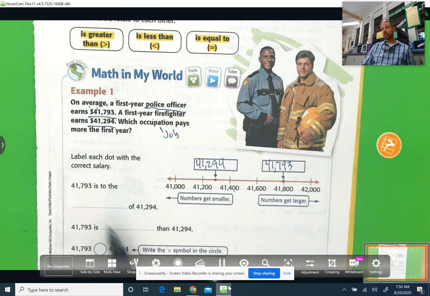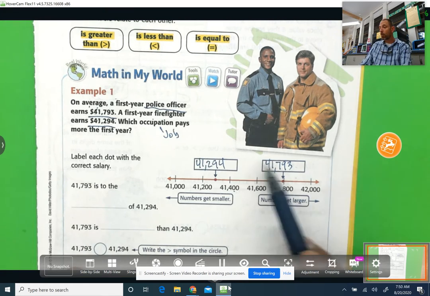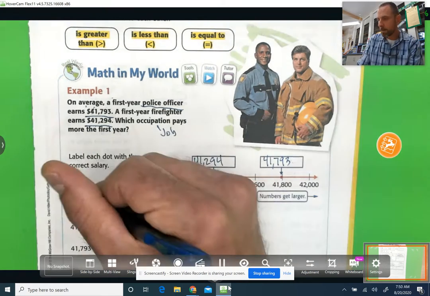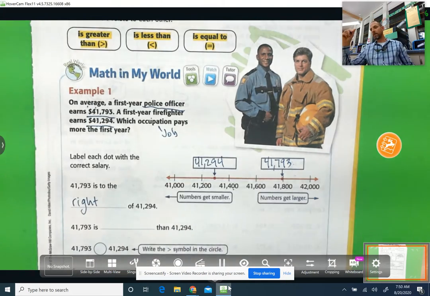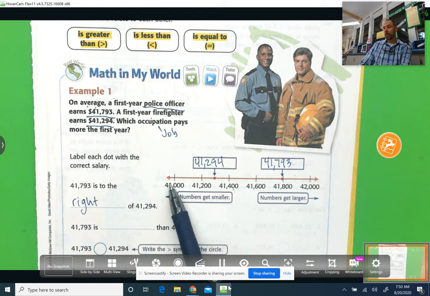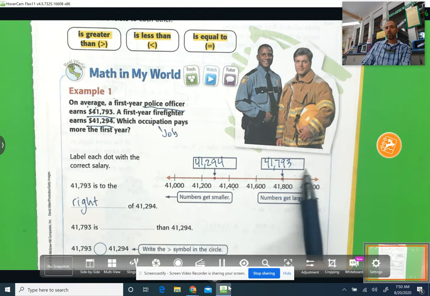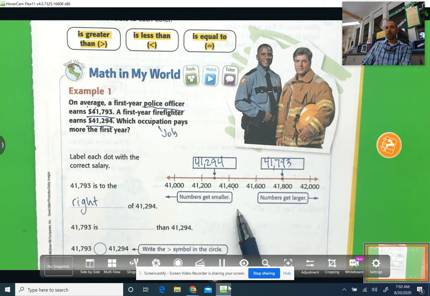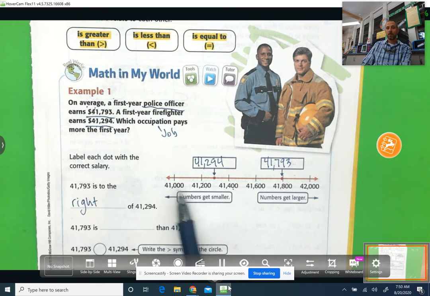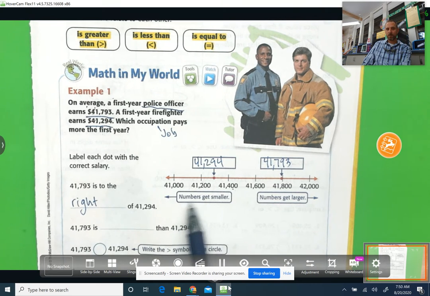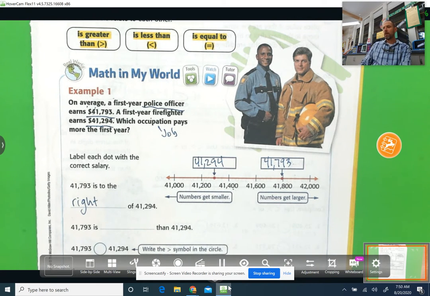So 41,793 is to the right of 294. And we know on a number line as we're moving from left to right, our numbers are getting larger. That's what that's saying right there. When I move from the right to the left, my numbers are getting smaller, and that's what that is showing to you.